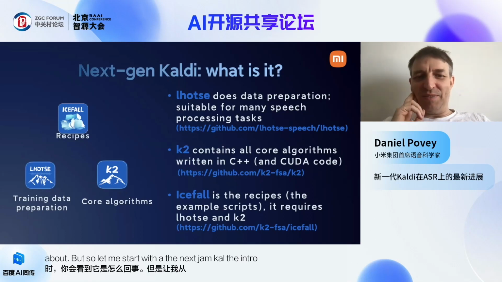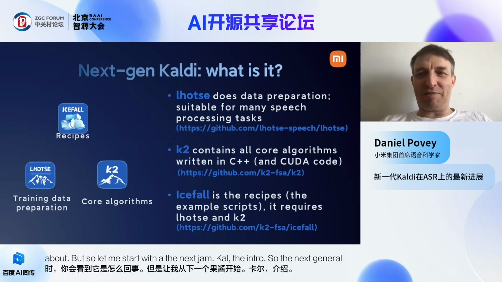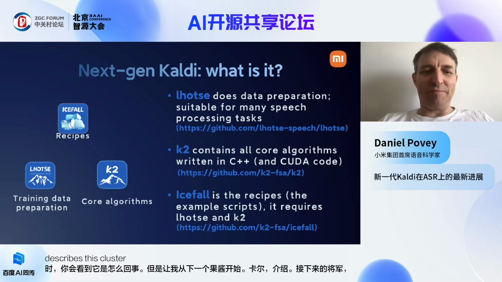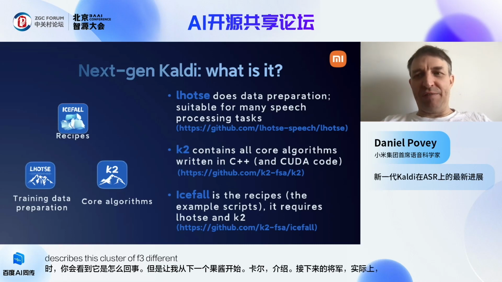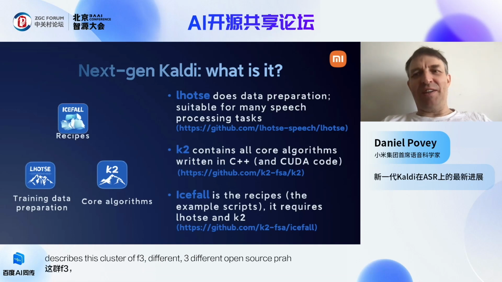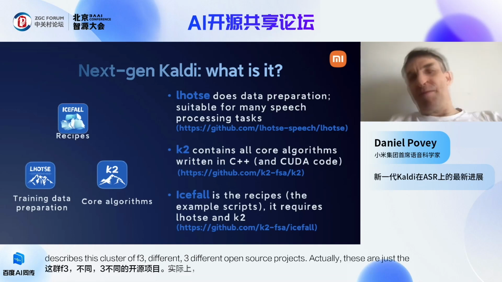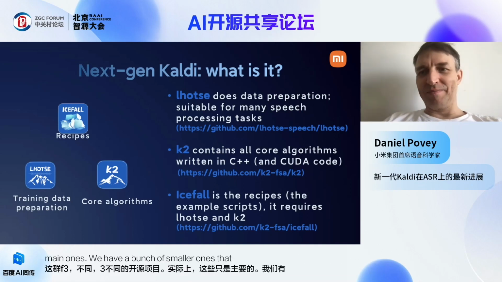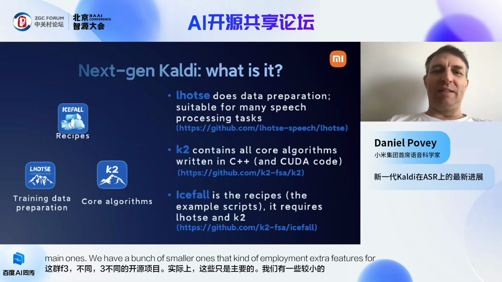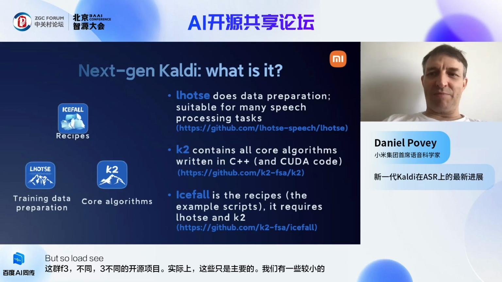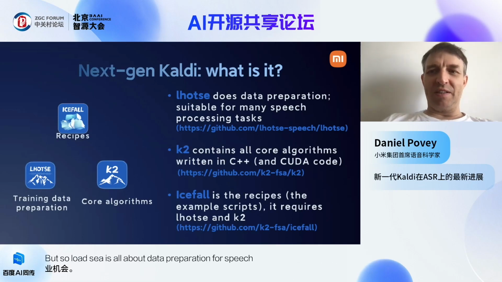So Next-Gen Kaldi actually describes this cluster of three different open source projects. Actually, these are just the main ones. We have a bunch of smaller ones that implement extra features for them. LOTC is all about data preparation for speech recognition.